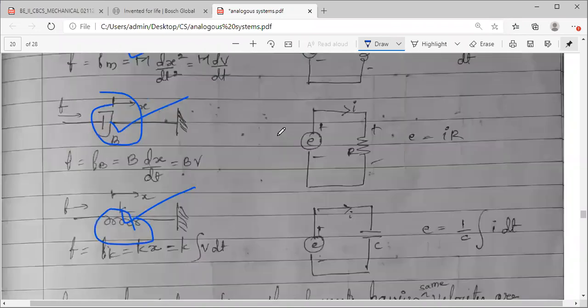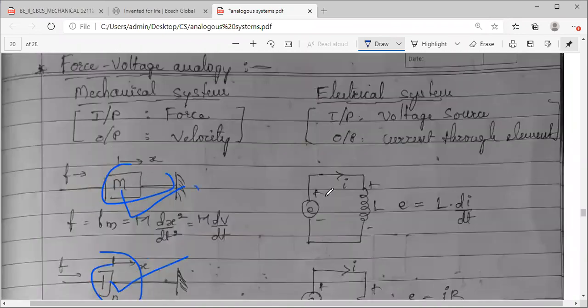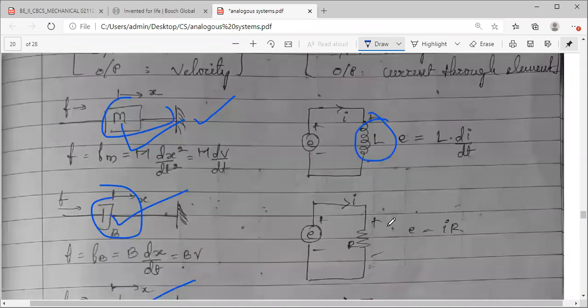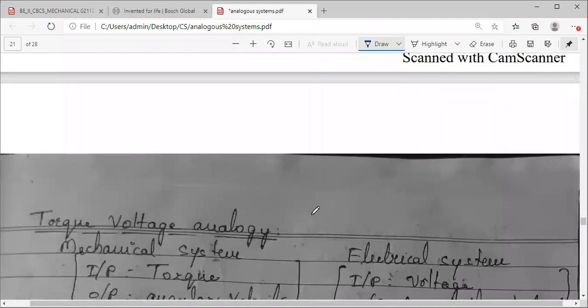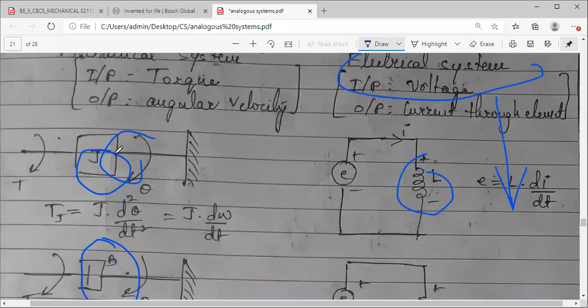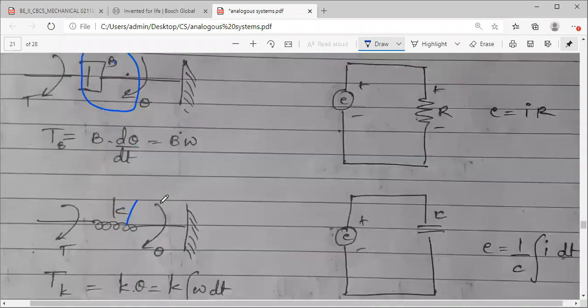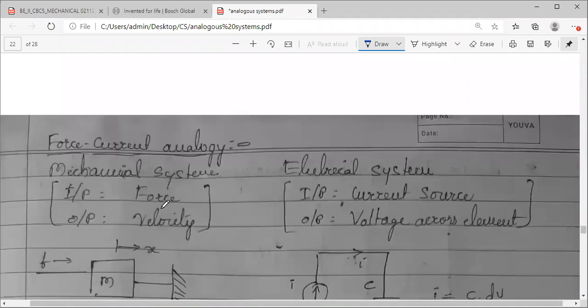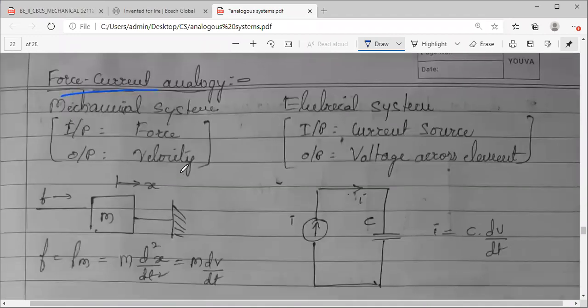Otherwise, for equivalent network, for mass, it is inductance. For J, it is also inductance. So this electrical part is the same for both. However, either translational or rotational, only this will change. Similarly, for other two also the same case applies.